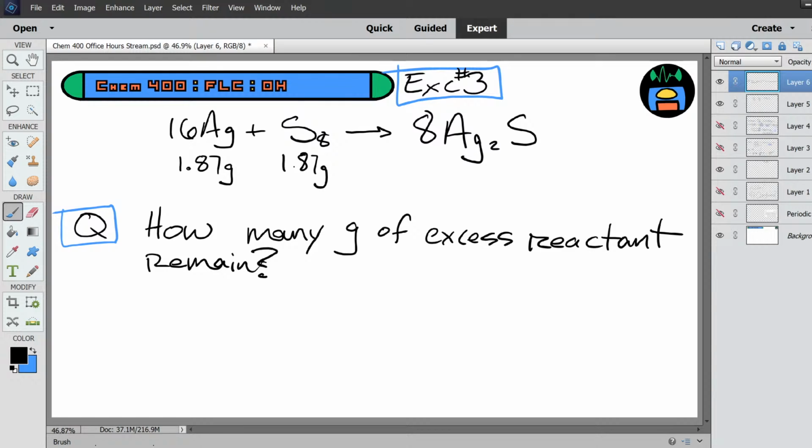You've got some initial mass, and then you have the reacted mass, the amount consumed.